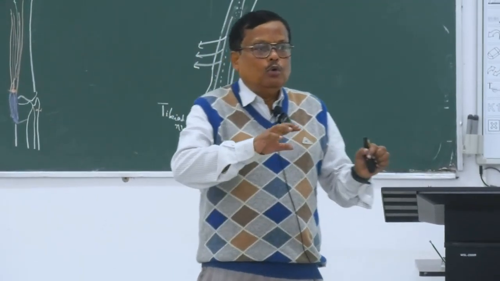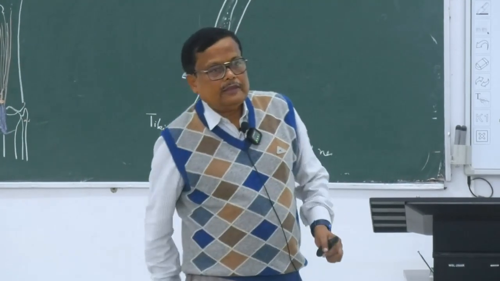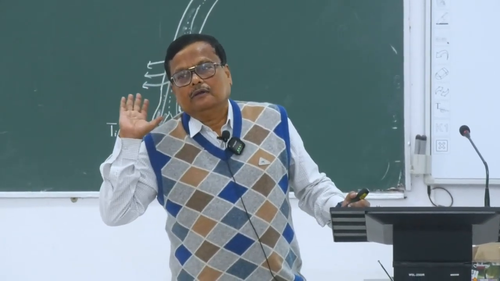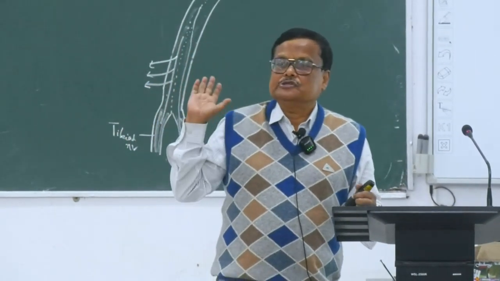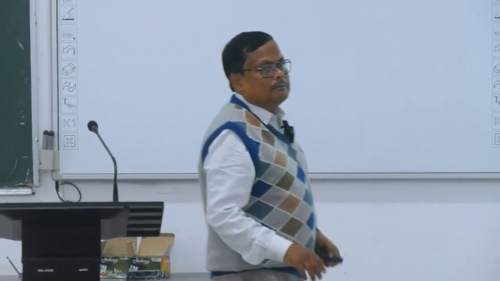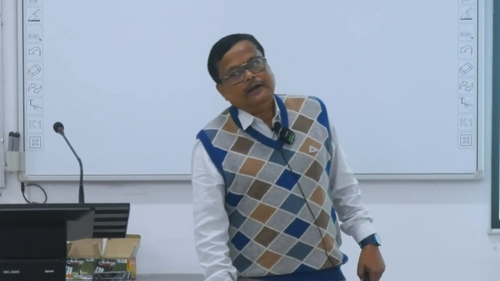So the whole of the leg and the back of the thigh muscles are supplied by the sciatic nerve and its branches. আর এই জায়গাটা quadriceps region by the femoral nerve and medial part of the thigh by the obturator nerve.